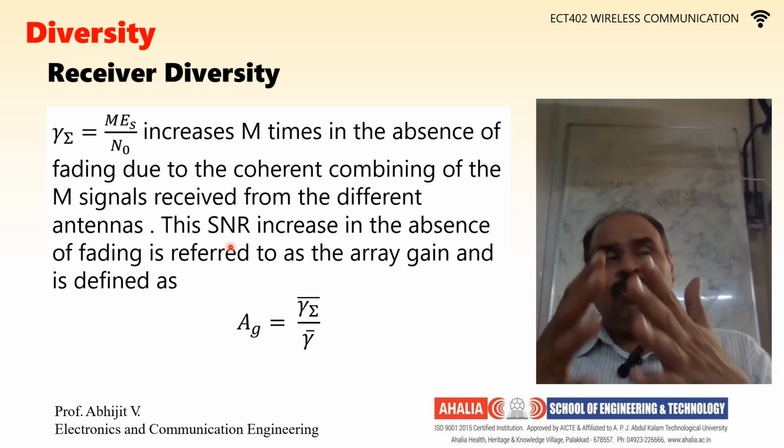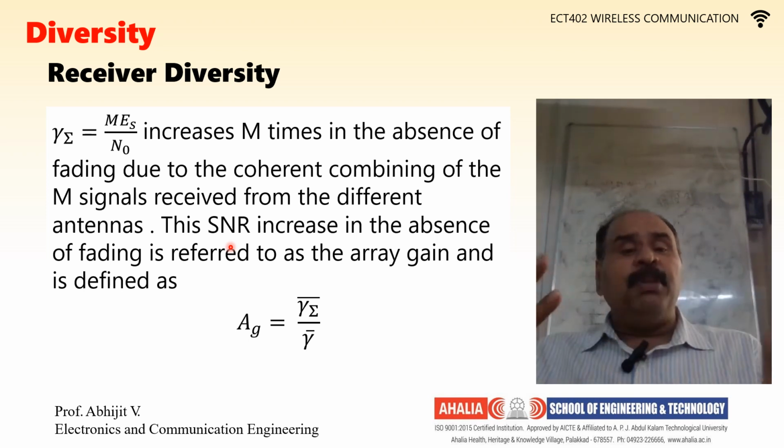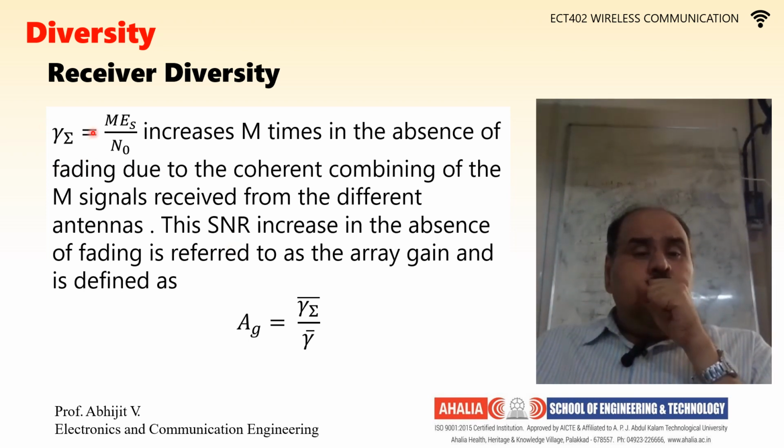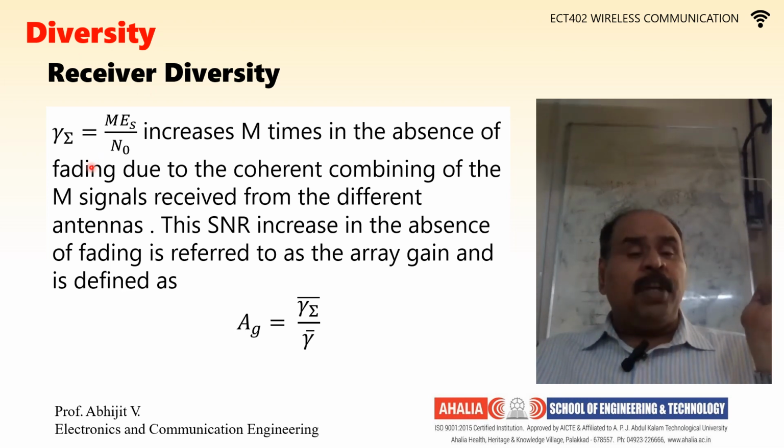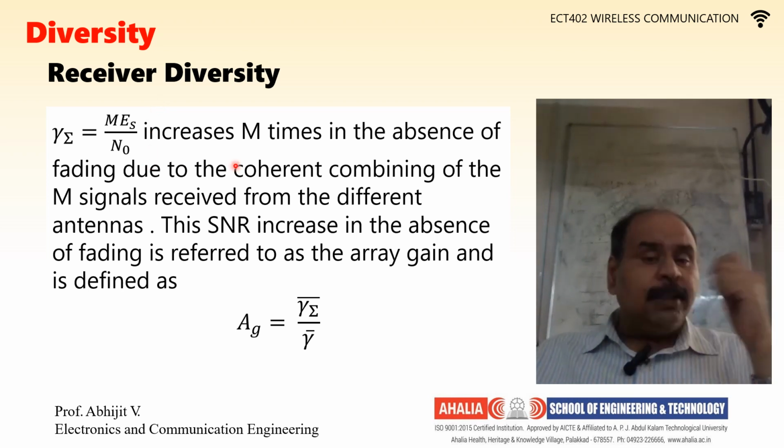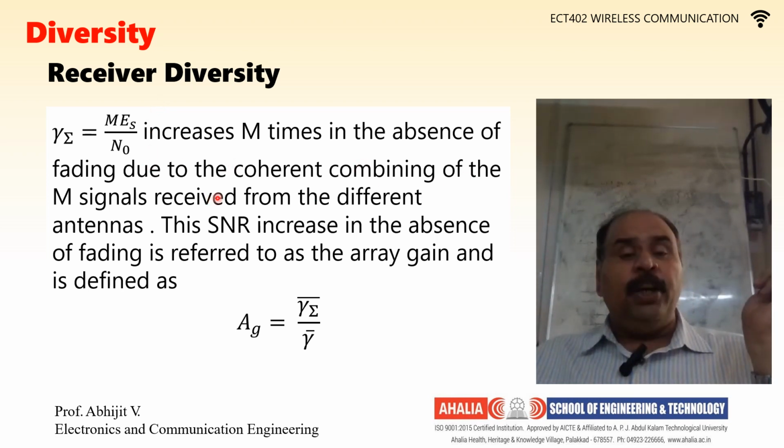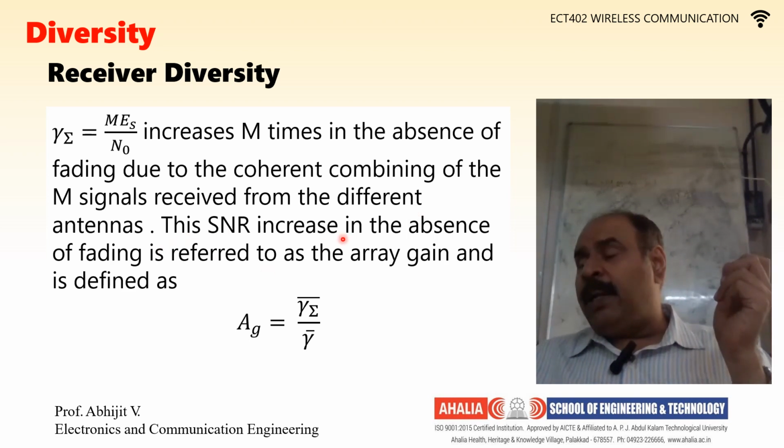The signal to noise ratio increases that many times. So here we have come to know that gamma sigma is equal to M times Es by N0 and increases M times in the absence of fading due to coherent combining of M signals received from different antennas.